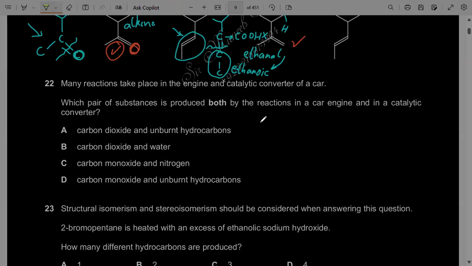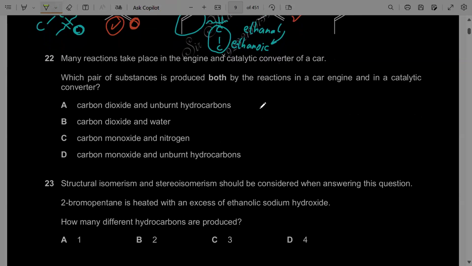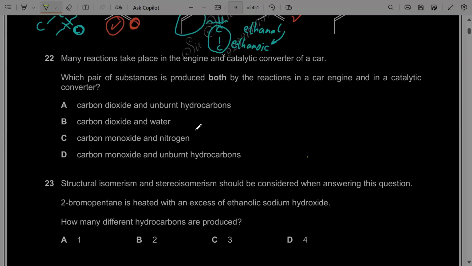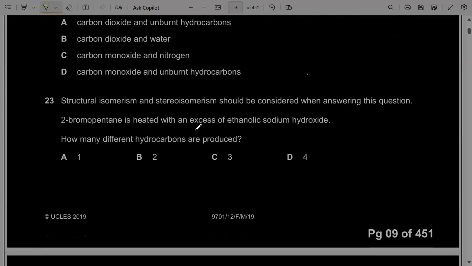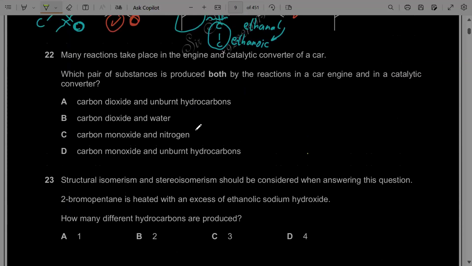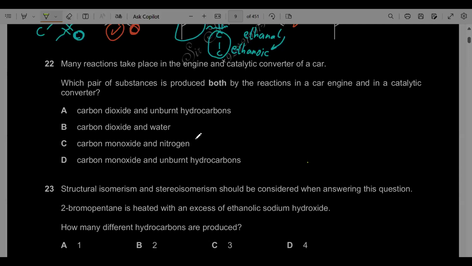All right, so in this question, we have to find out the right products which are produced by the catalytic converter and by the combustion.